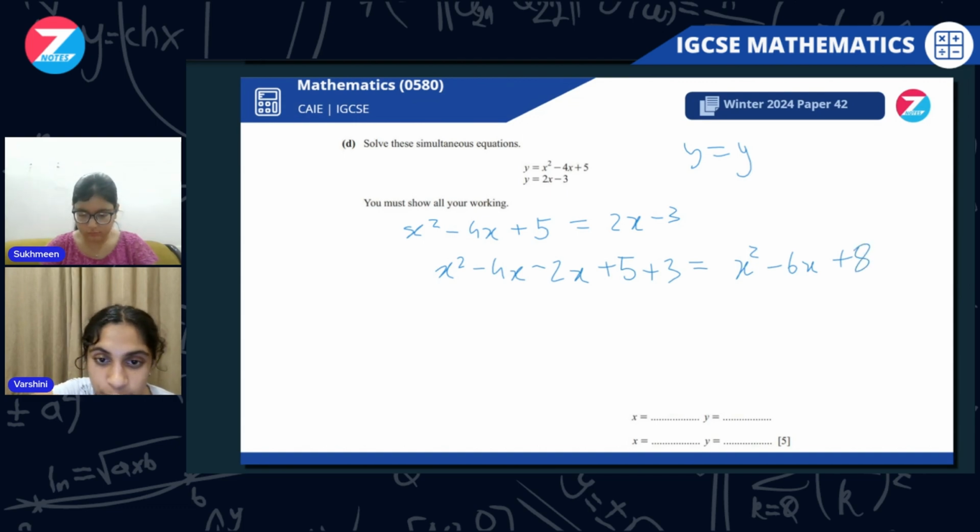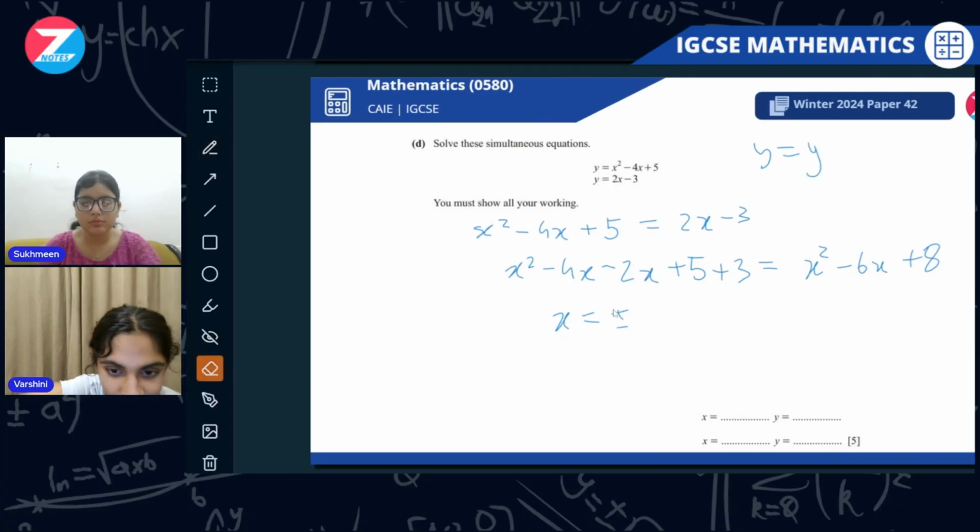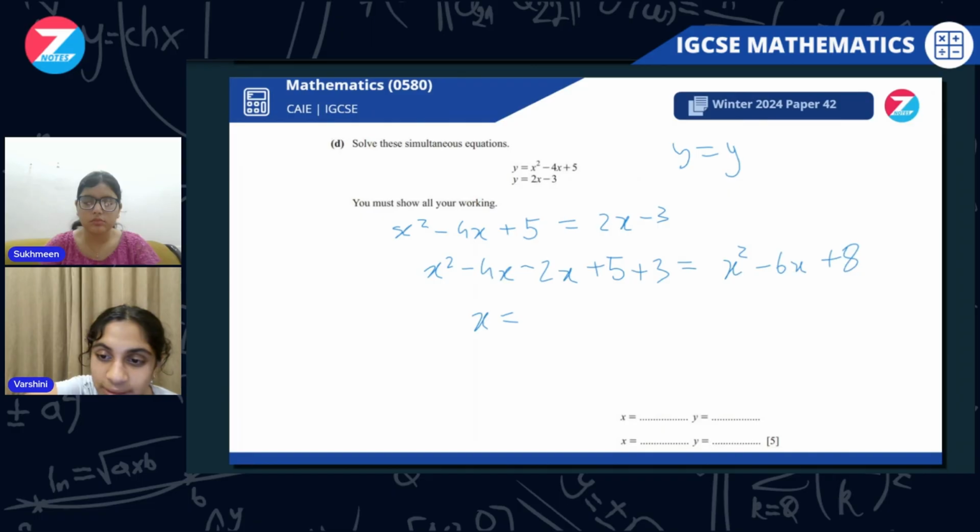So we have to show our working. So we put in the quadratic formula and we do x equals, right. X equals 6 plus minus root of, and remember this is a, this is b, and this is c.